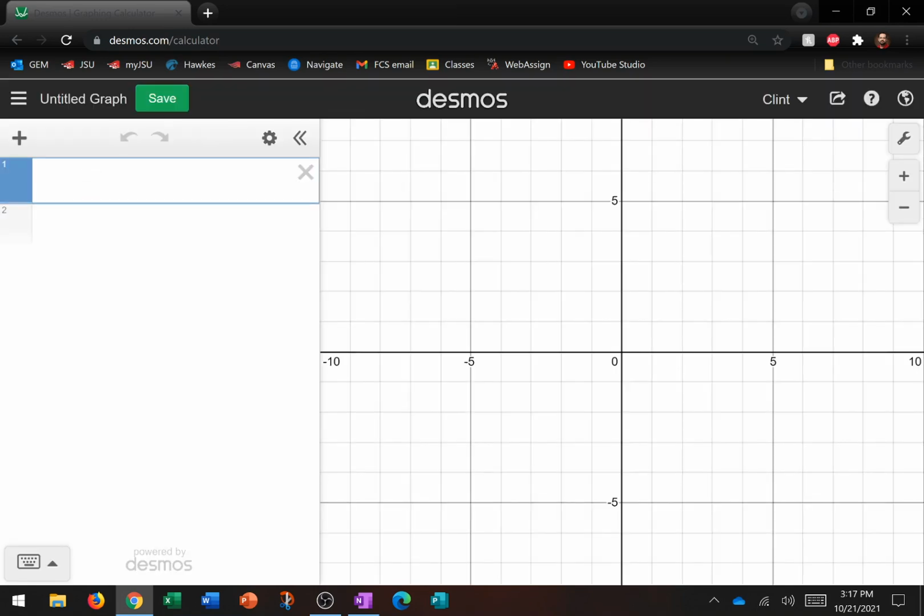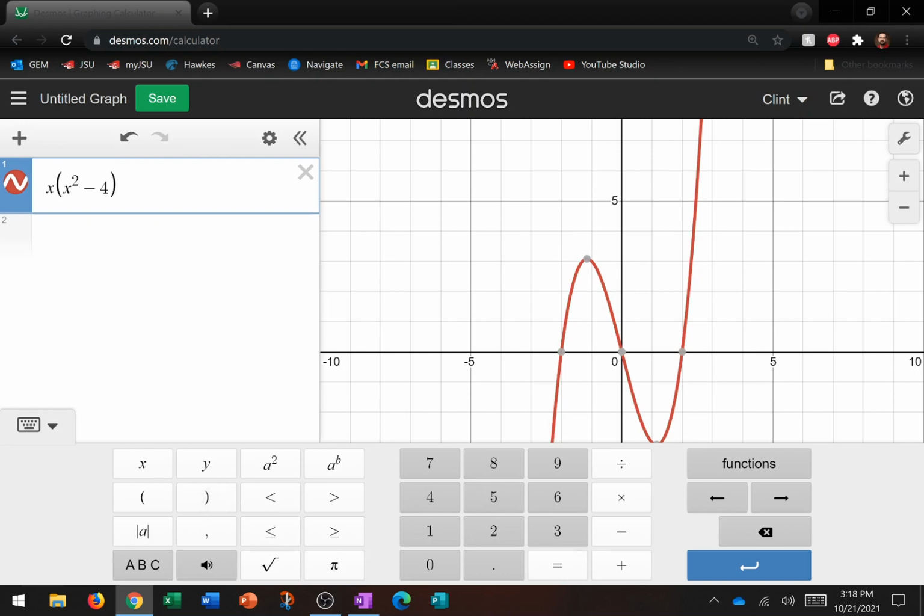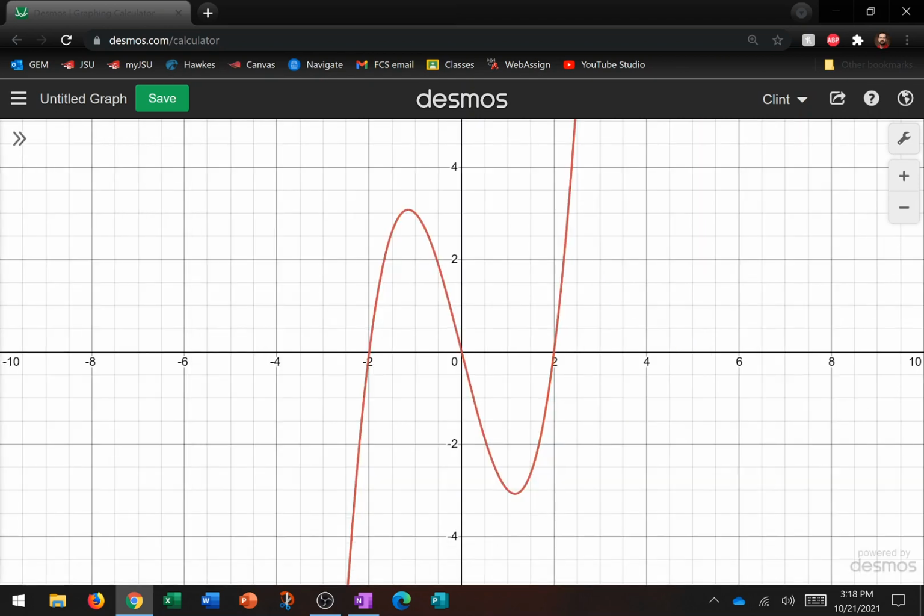See how close we got to the real graph. Not too bad. And there's our real graph.